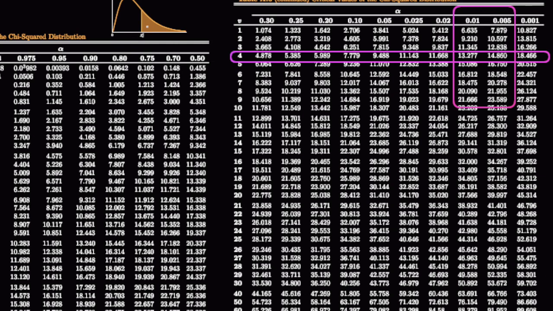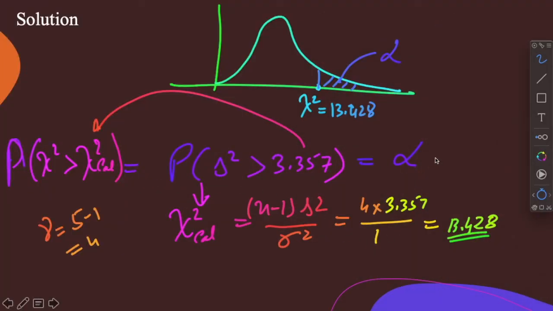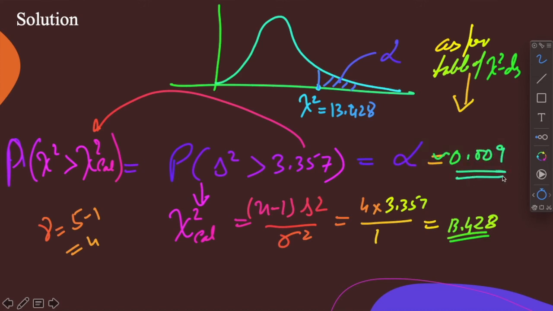For 4 degrees of freedom, 13.428 will be somewhere here. It will be between 0.01 and 0.005, let's say 0.009 for example. So for nu equal to 4, as per the table of chi-square distribution, this alpha will be approximately 0.009. This is how we can solve the problem for chi-square distribution.